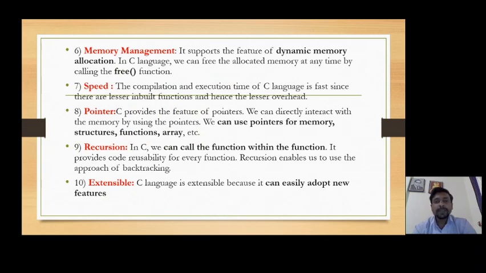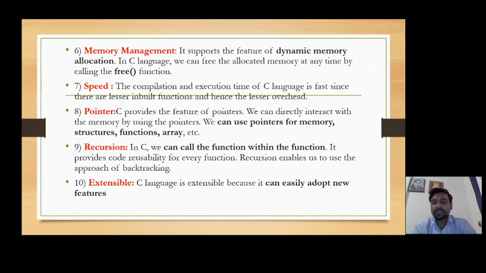Then from a memory management perspective, we have dynamic memory allocation with the help of realloc, malloc, calloc. Then its speed, due to being a middle level programming language, is much faster than other high level programming languages. Pointers are one of the greatest advantages of C programming for memory management, used with structures and functions, and sometimes with arrays.